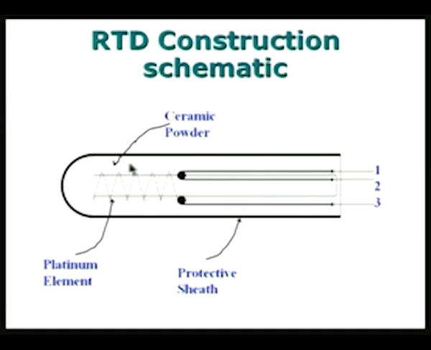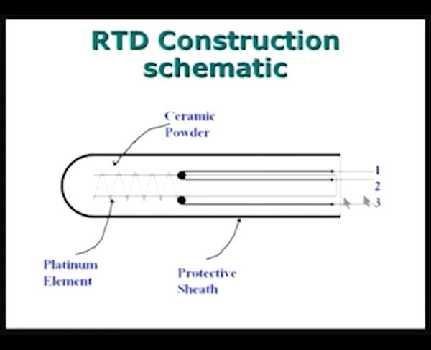It is loosely put inside a sheath material, which is a protective sheath. It may be of either metal or an alloy, and inside that you have a ceramic powder, which is loosely filled between the element and the sheath, and the platinum element is itself protected from the outside by the sheath, and either the 3 leads or the 4 leads are taken out as shown here.